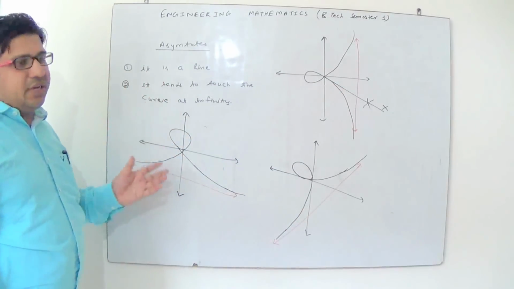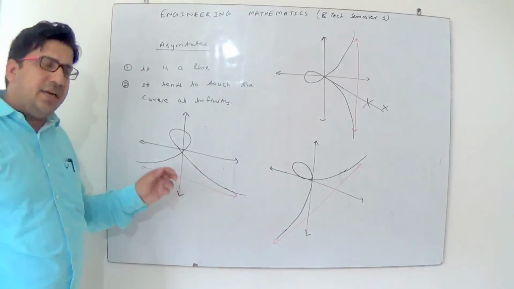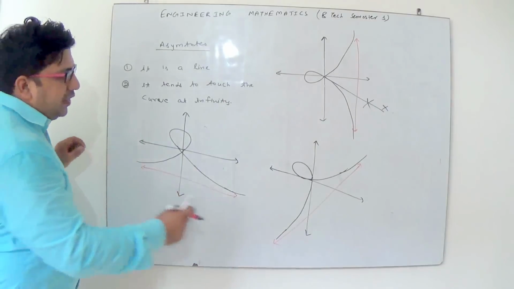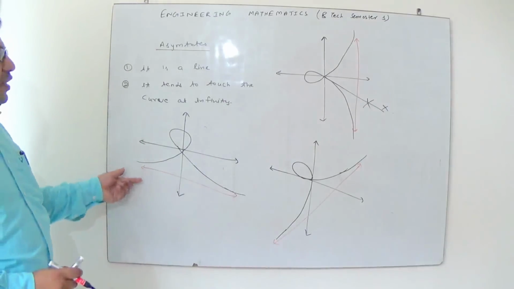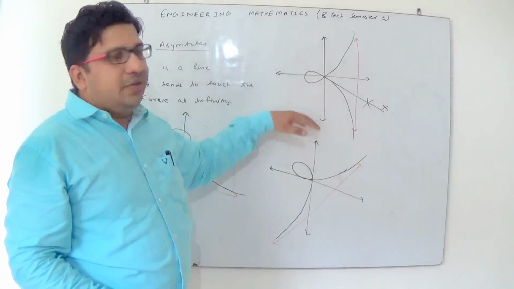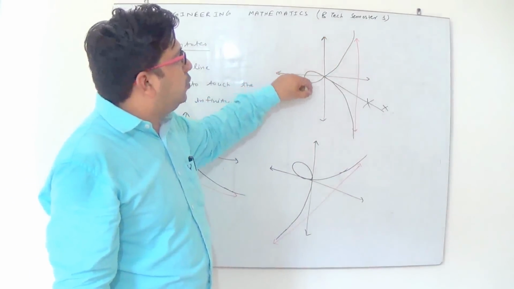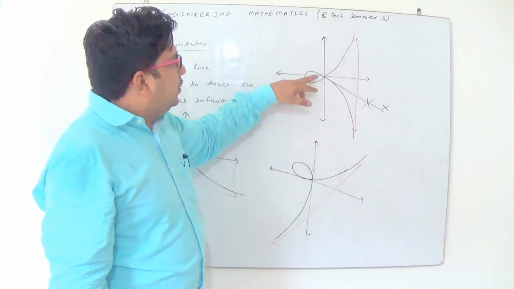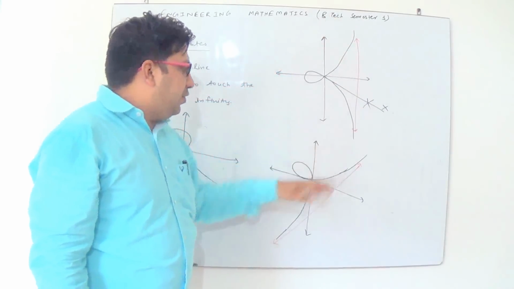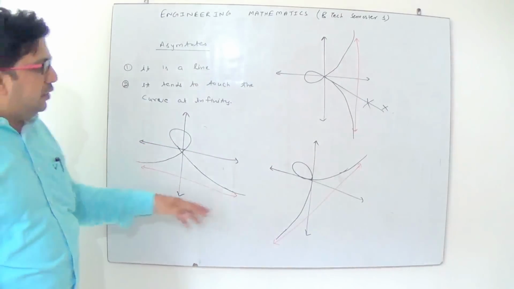Again, an asymptote will never touch or cut the curve at any point. But they will tend to meet at infinity. So as soon as any asymptote is there, if any curve is drawn, then they will try to touch each other at infinity. Similarly, in this case, they will never cut each other.